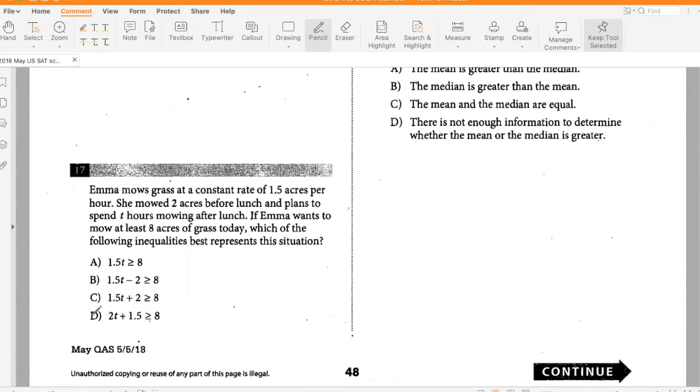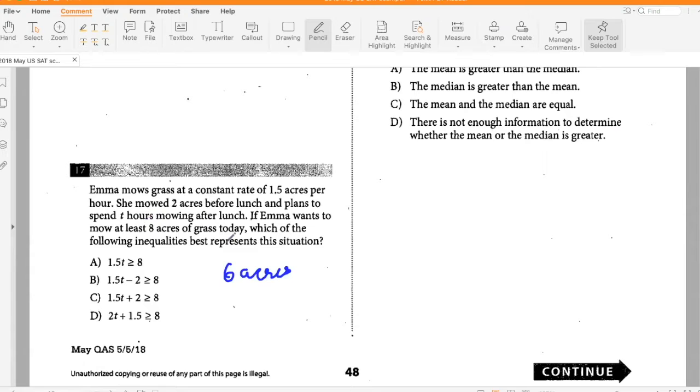Emma mows grass at a constant rate of 1.5 acres per hour. She mowed 2 acres before lunch and plans to spend T hours mowing after lunch. If Emma wants to mow at least 8 acres of grass today, which of the following inequalities represents this? Okay. So she has already mowed 2 and she's left with 6 acres now, right after lunch.